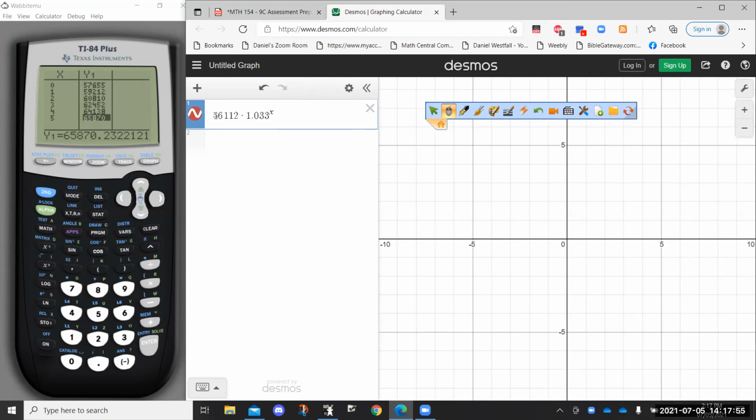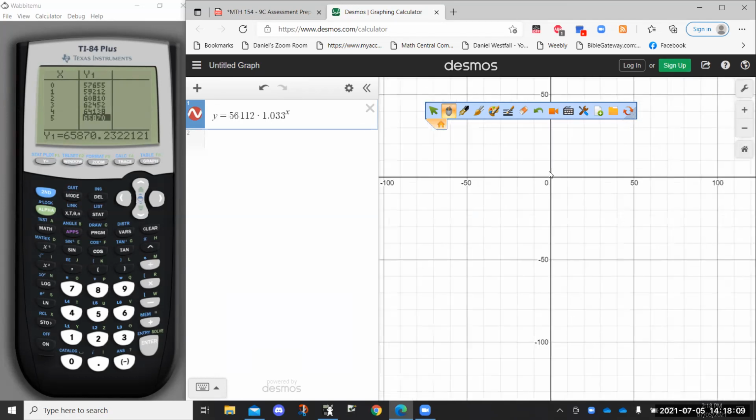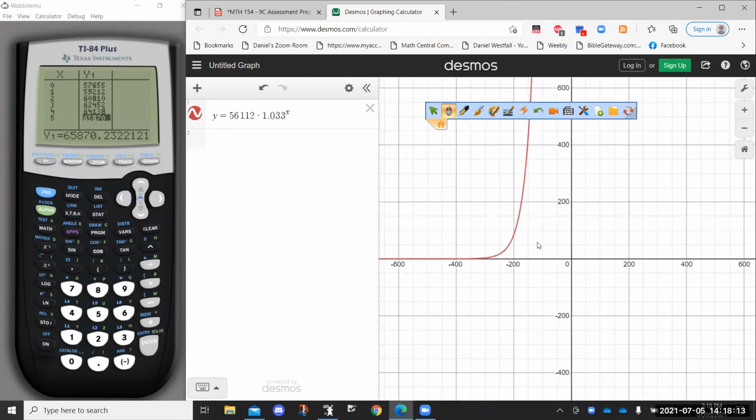I want this to be y equals, and it's already there. I just can't see it, so I'm going to zoom out until I can see it. Oh, there it is. See it?